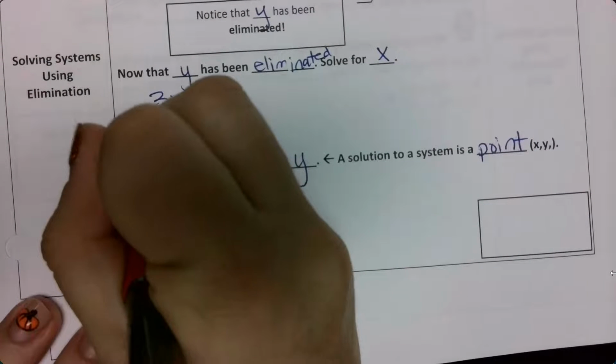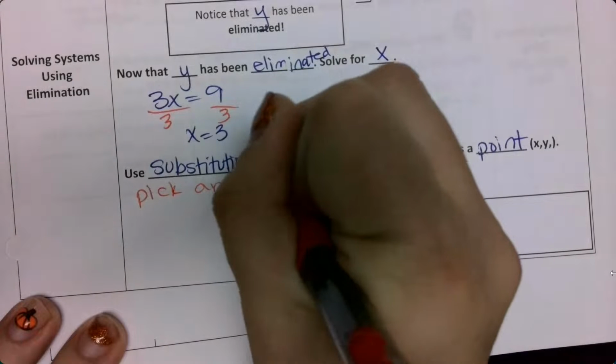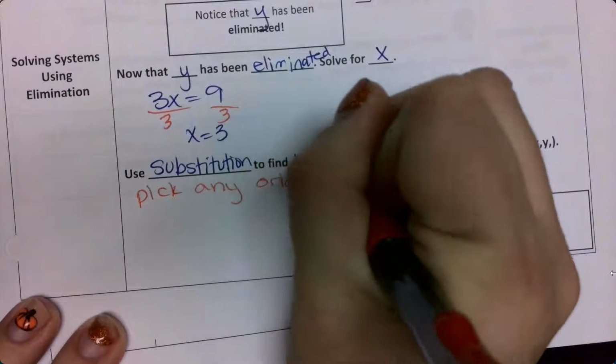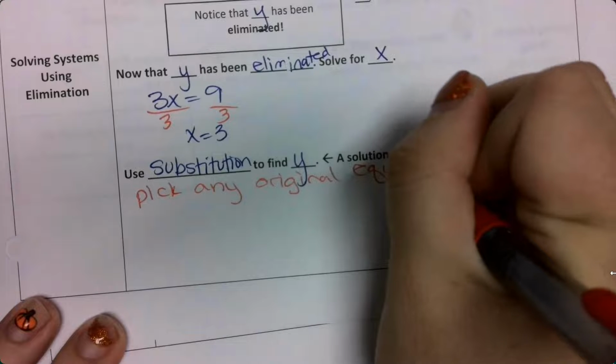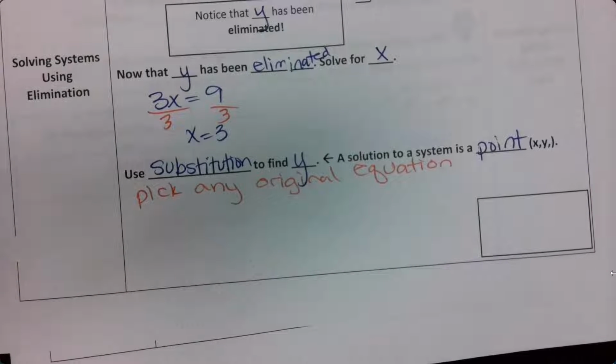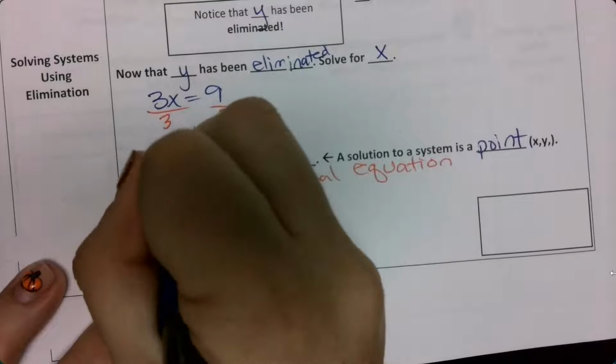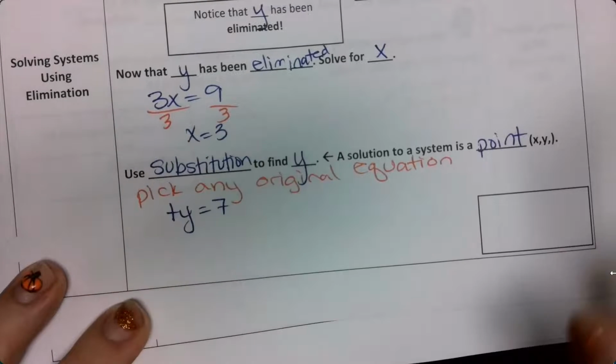So what I'm going to do here is pick any original equation. Which one do you guys want me to do? The first one or the second one? The x plus y equals 7 or the 2x minus y equals 2? The first one? Okay. So instead of x, I'm going to plug in 3.